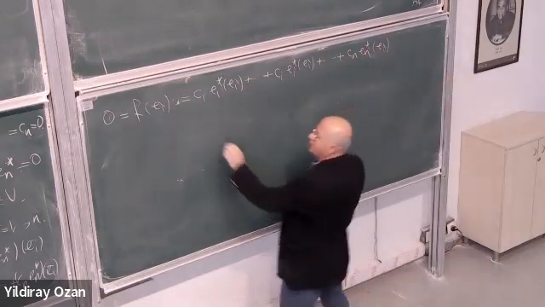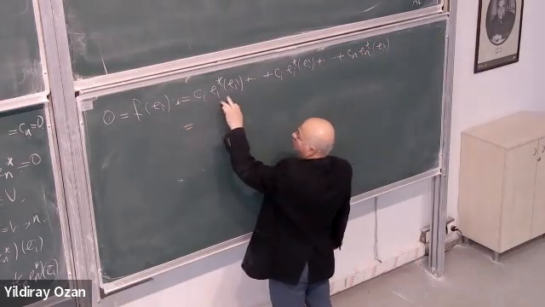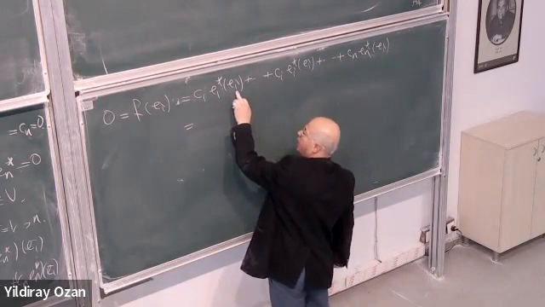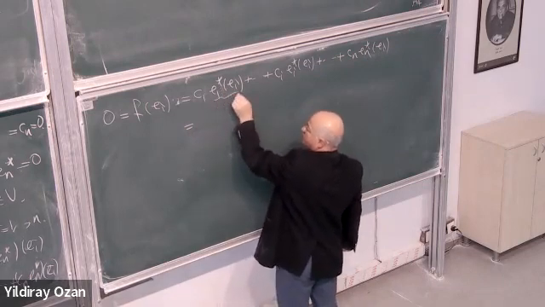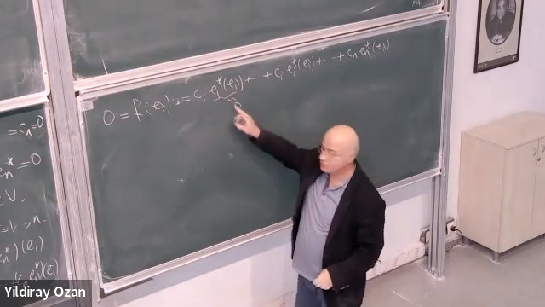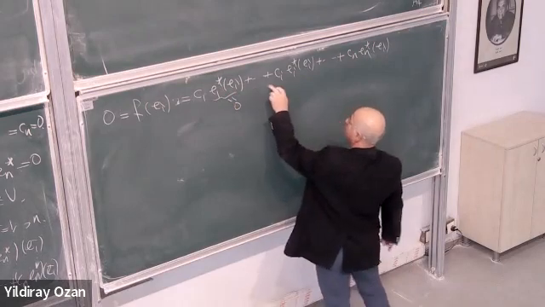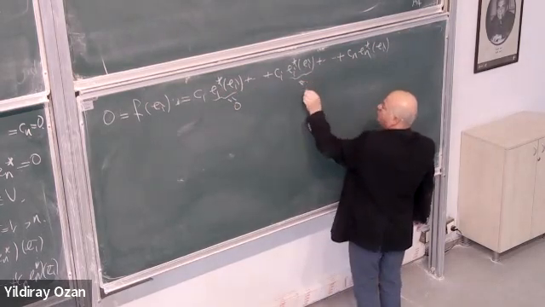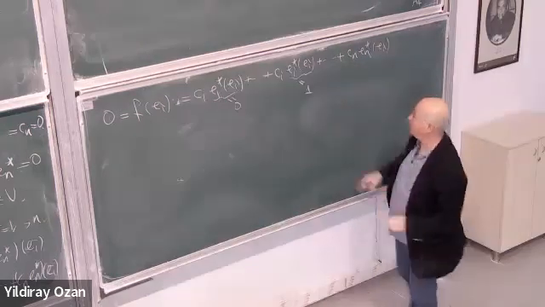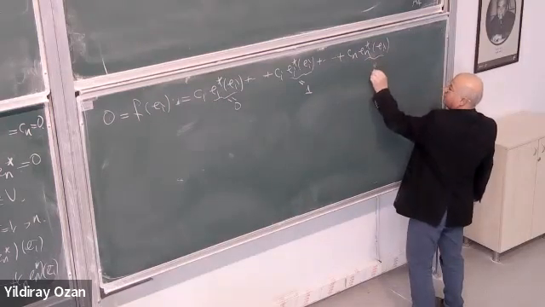But you see, E1 star evaluated at Ei is just 0, right? Because these indices are not the same. Next one is 0, next one is 0, only this one is 1, where these two indices are the same. And again, the rest is 0.